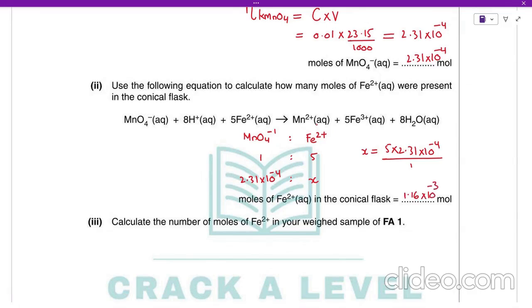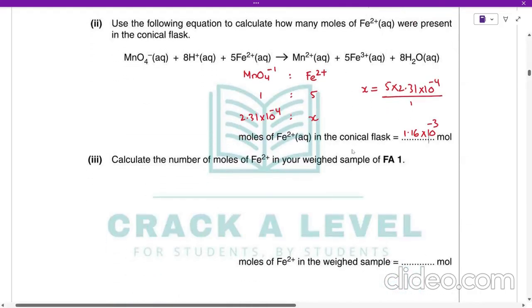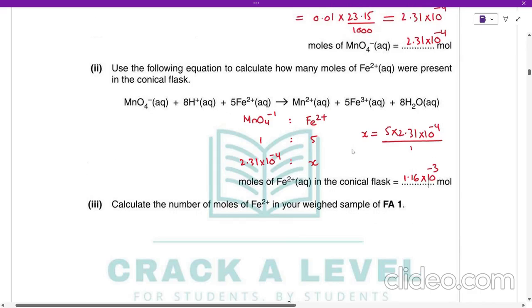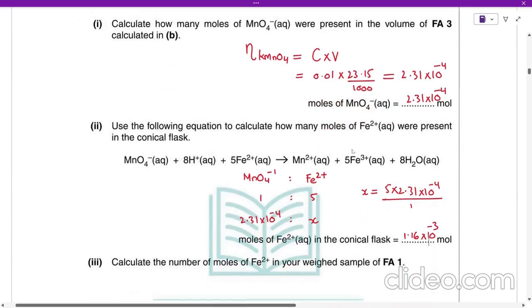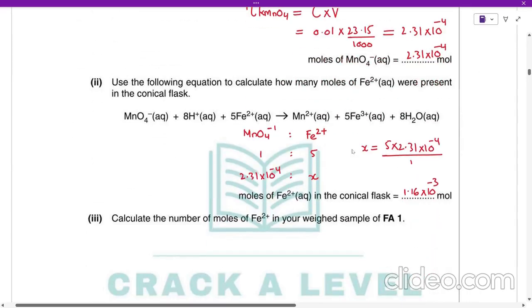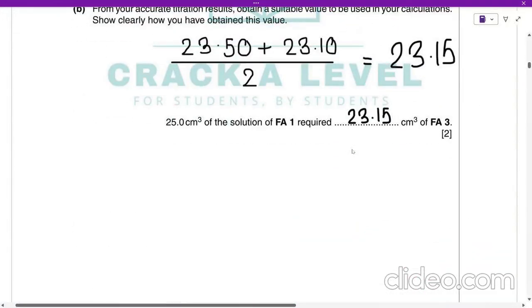Now they are telling us to calculate the number of moles of Fe2+ in your weighed sample. Now this is a little bit tricky question, and here's where most of the students actually get stuck. So as you know, the solution of the FA1 that we prepared, the FA1 which reacted with the FA3 in the titration, was just 25 cm cube of the FA1.